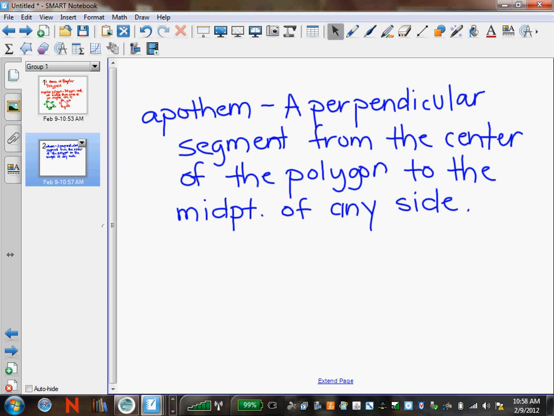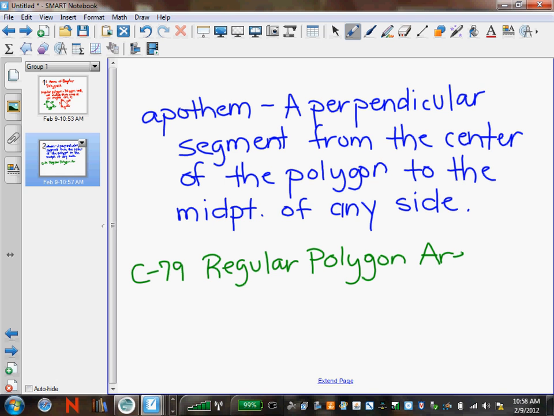But before we go ahead and look at pictures, I'm going to go ahead and give you conjecture 79. You will want to get this in your notes. It is a regular polygon area conjecture. The formula is 1/2 the apothem times the perimeter.